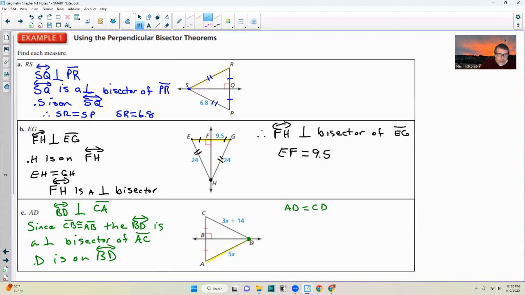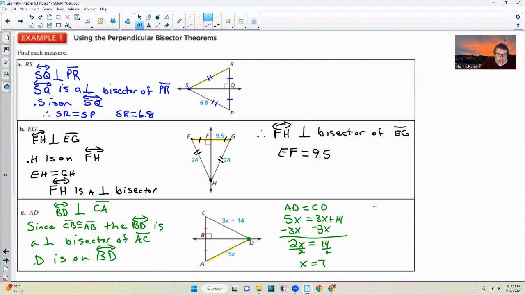And since AD equals CD, we can substitute in our givens. AD is 5x and CD is 3x plus 14. I can subtract 3x from both sides, and that'll leave 2x equals 14. Divide both sides by 2, and x equals 7.